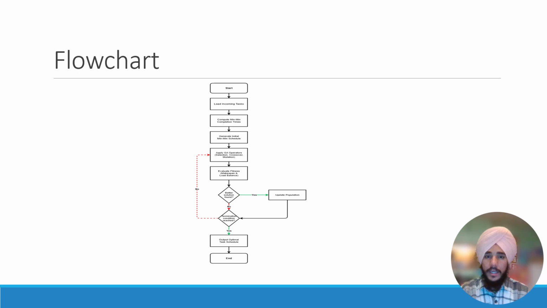So basically, moving to the flowchart, this describes the logical order of the stages of the hybrid scheduling process. The incoming tasks are loaded into the system and the expected completion time is estimated and used by min-min.